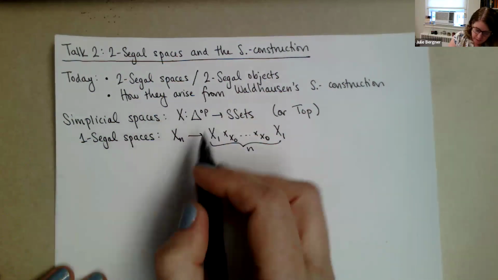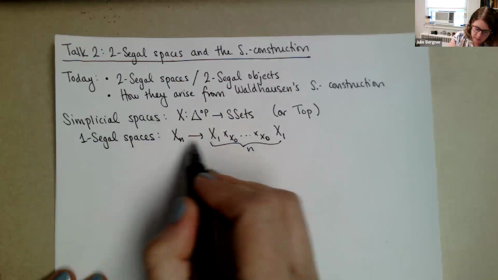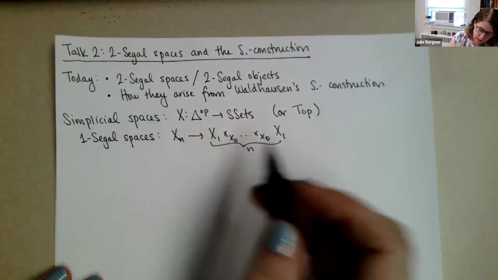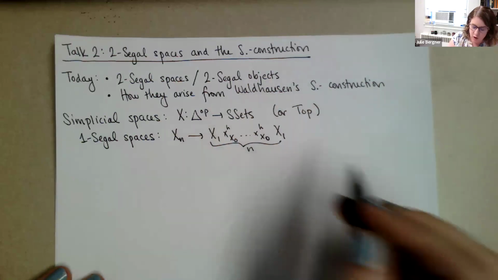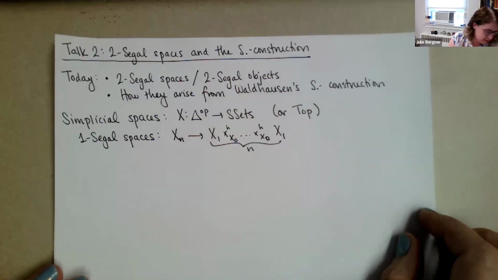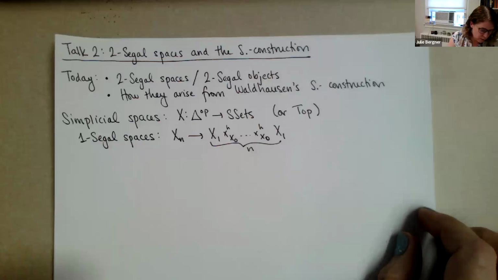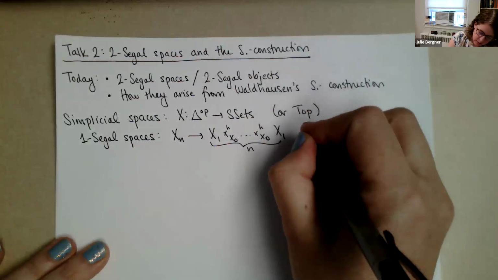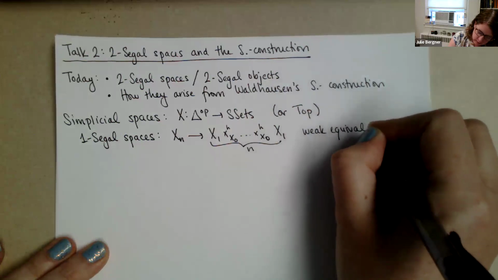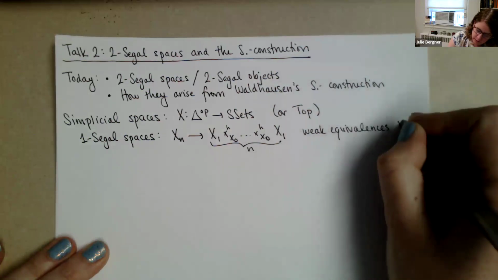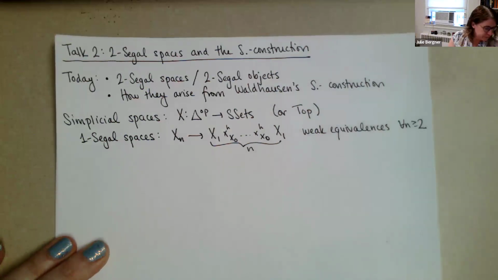Well, now these are going to be spaces or simplicial sets, so I'm going to make this a homotopy limit on the right-hand side, so everything is homotopy invariant. And now we want these maps to be weak equivalences for every n at least two.